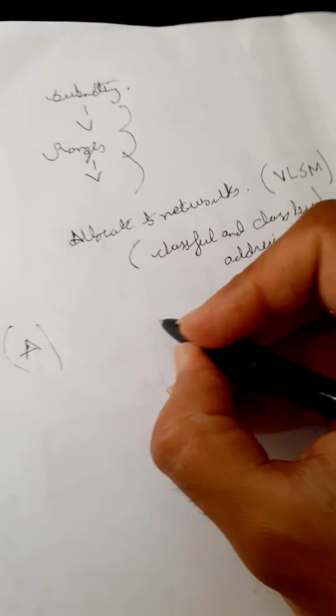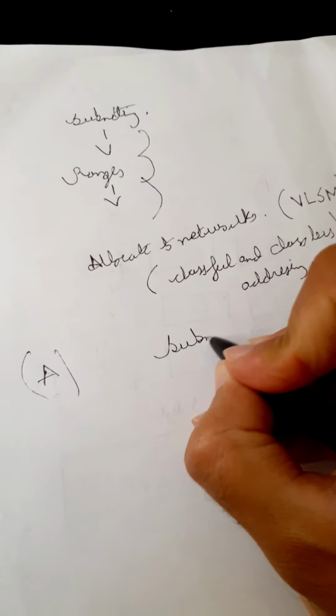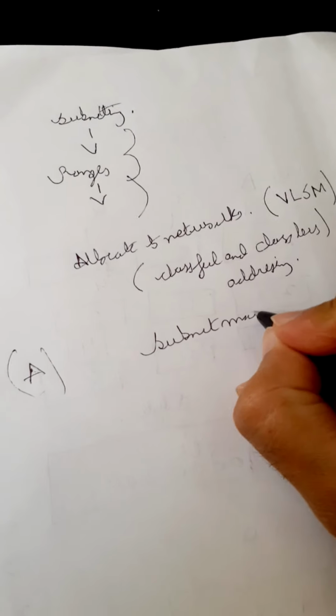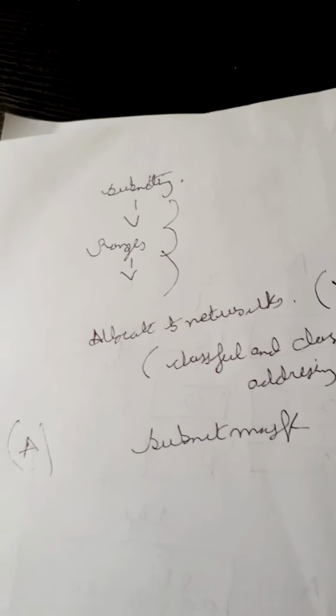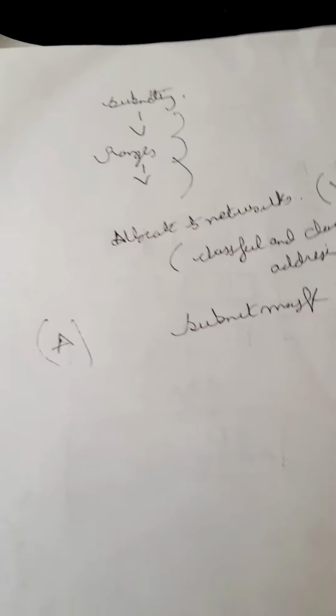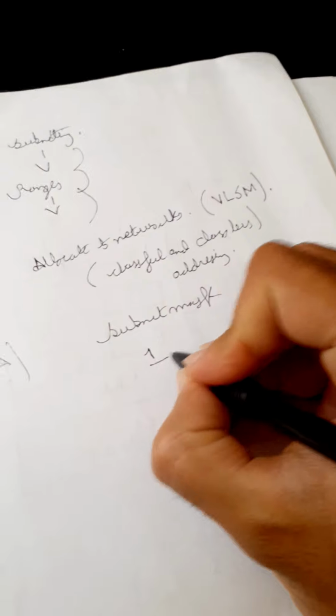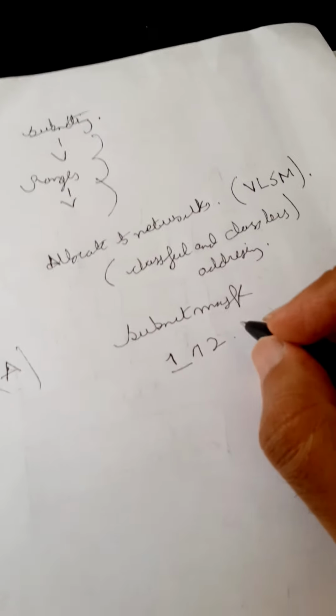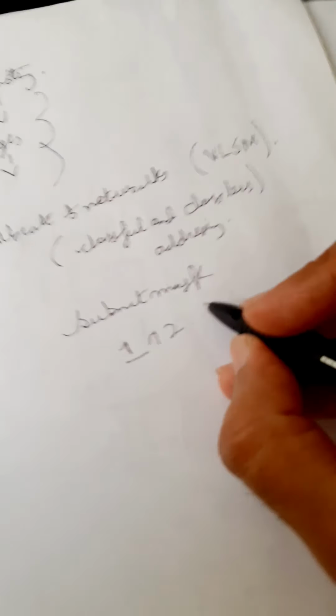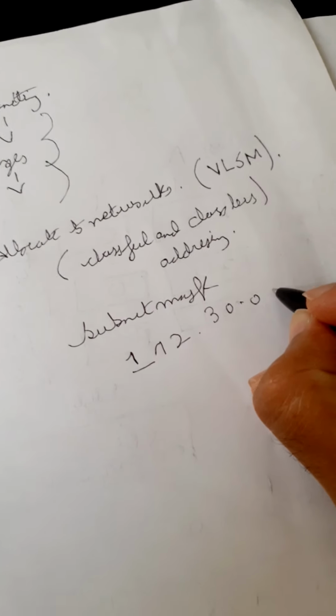Now our new question is that we have to find a subnet mask which we have to use for this particular subnet or IP address. 172 is class B. Right, that's our particular address that we have.